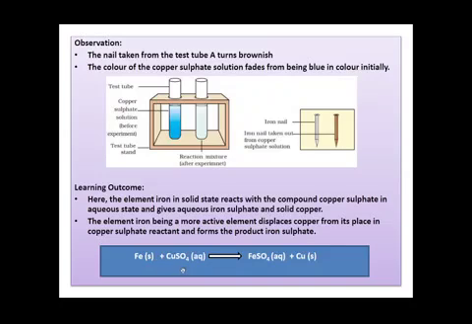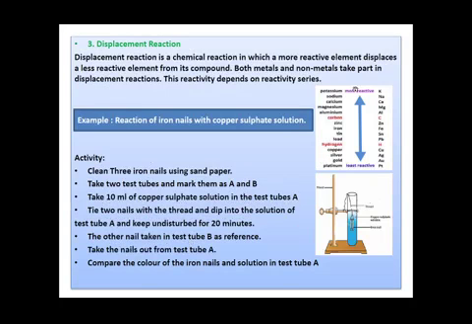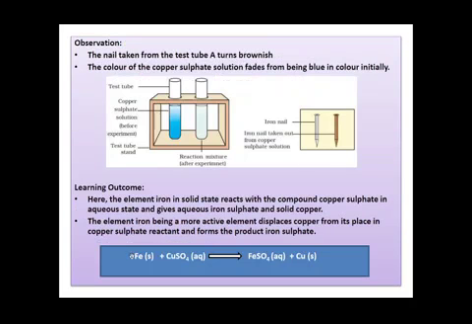Displacement is happening over here, where iron, which is more reactive than copper, you can see in the reactivity series, iron is placed above the copper. So iron is more reactive than copper. Because it is strong, it is more reactive, it displaces copper from the copper sulfate solution and forms ferrous sulfate, and copper is formed. So this is an example of displacement reaction.